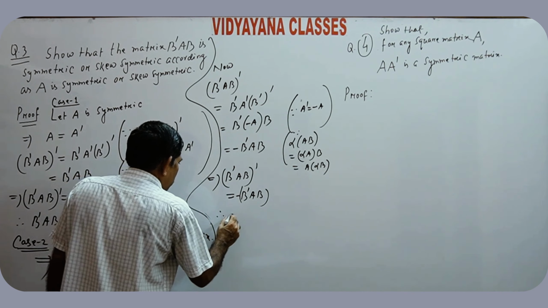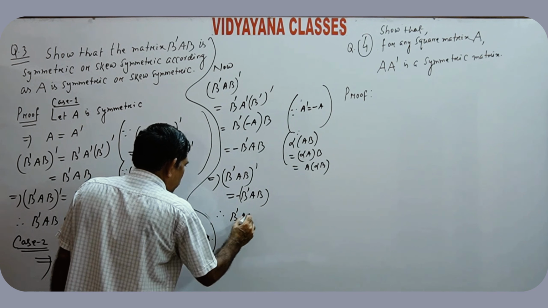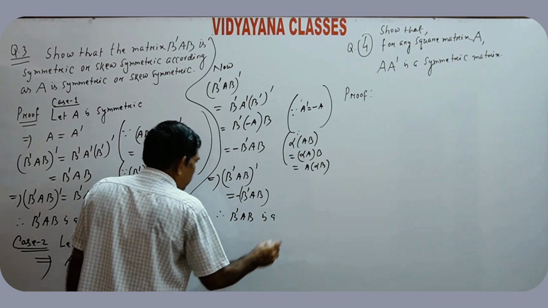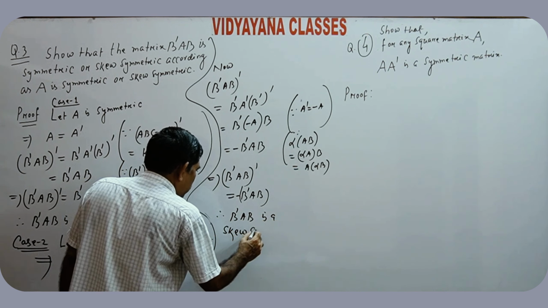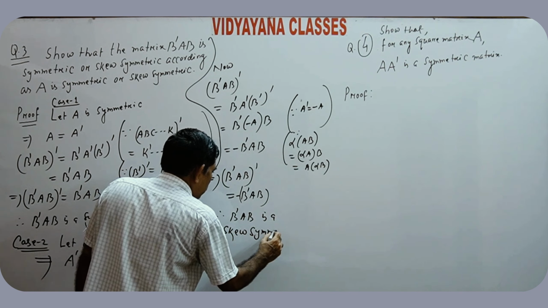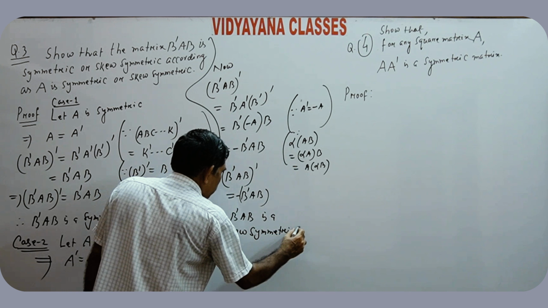Therefore, B dash A B is a skew symmetric matrix.